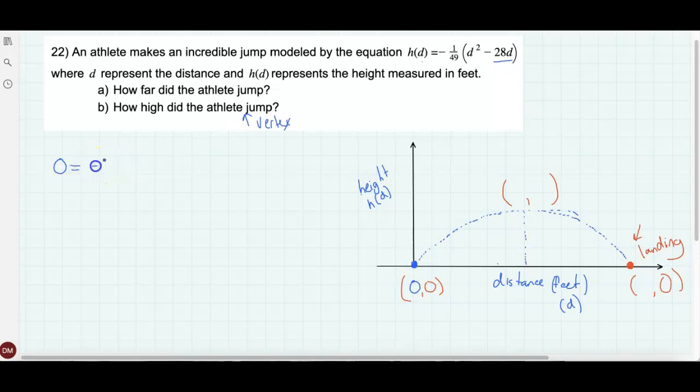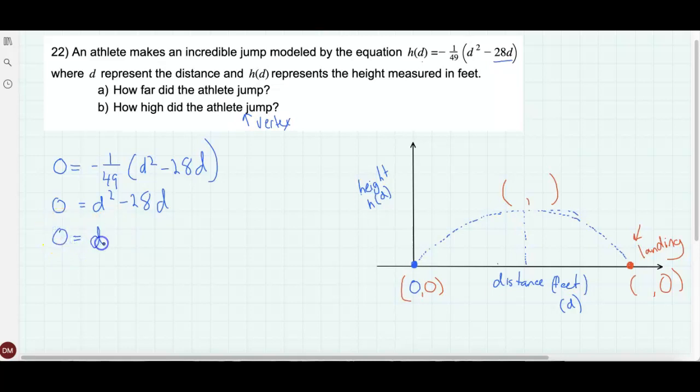And I have -1/49 times d squared minus 28d. I can multiply both sides by -49, and then I'm just going to have 0 is equal to d squared minus 28d. If we can factor, we should do that first, which this is easily factored.